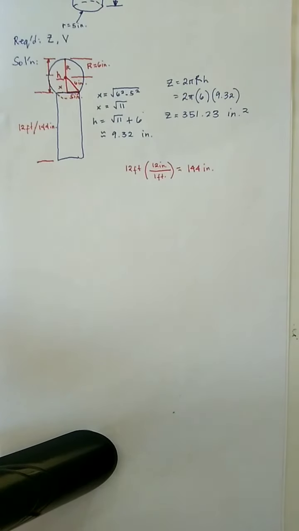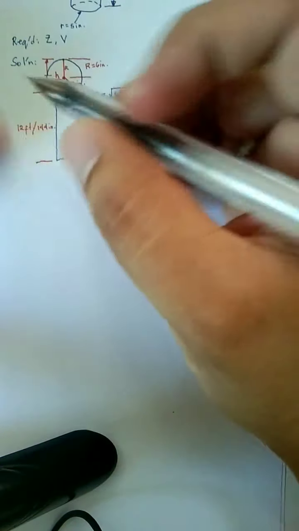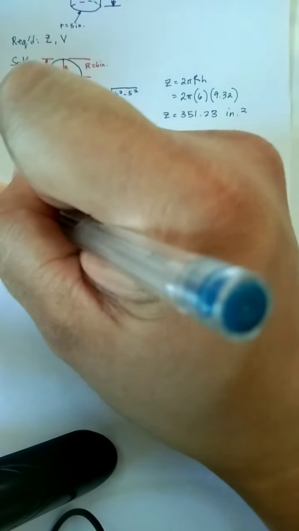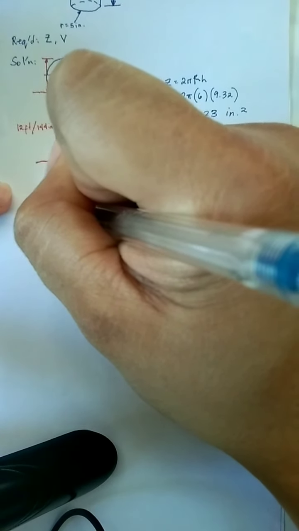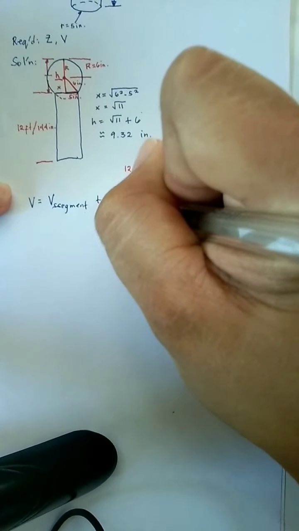We've already solved for the height of the zone, so let's now solve for the volume. V, the volume, is equivalent to the volume of the spherical segment plus the volume of the cylinder.